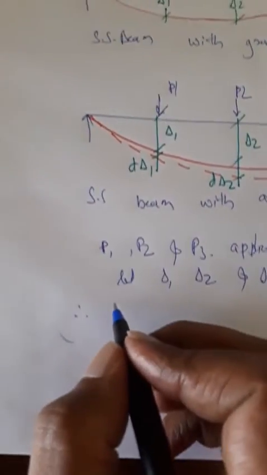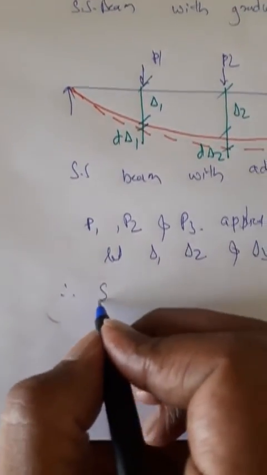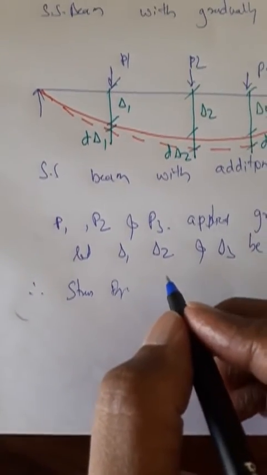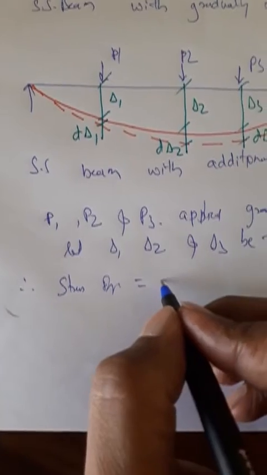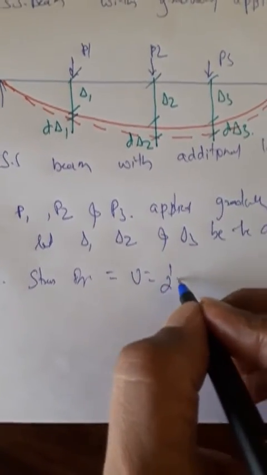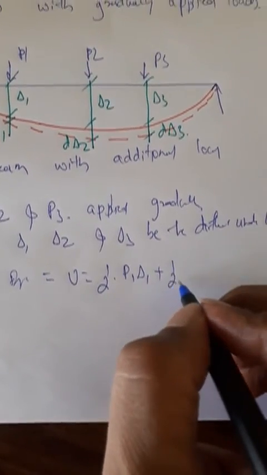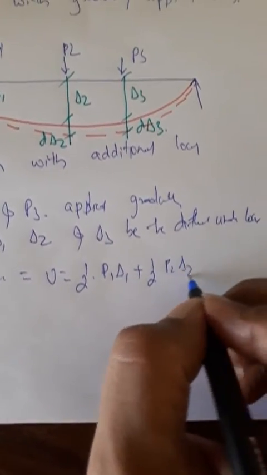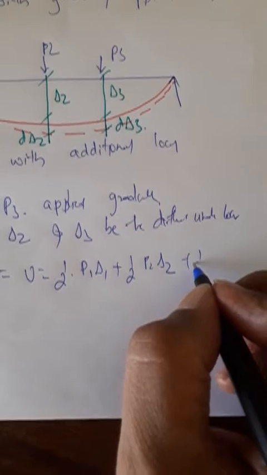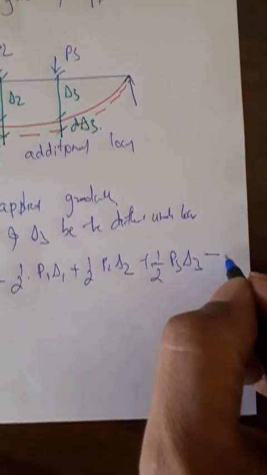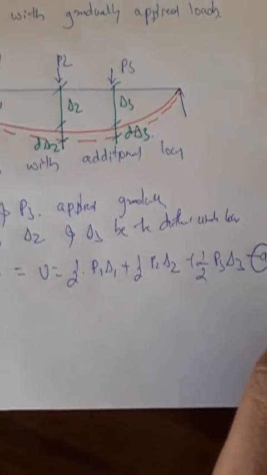Therefore, strain energy is given by half P into delta. So U is equal to half P1 delta 1 plus half P2 delta 2 plus half P3 delta 3. Let this be equation A.